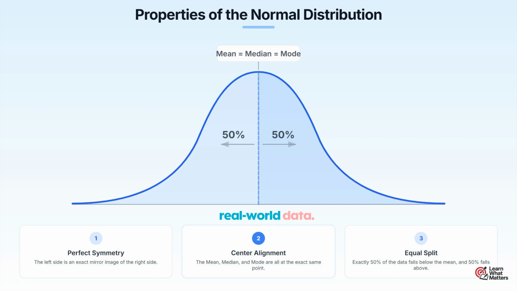This is rare in real-world data, but when it happens, it tells you one number perfectly describes the center. No distortion from outliers. Property 3, equal split. Exactly 50% of the data falls below the mean and 50% falls above. One warning. Just because mean equals median equals mode doesn't prove your data is normal. Always verify the shape visually first.